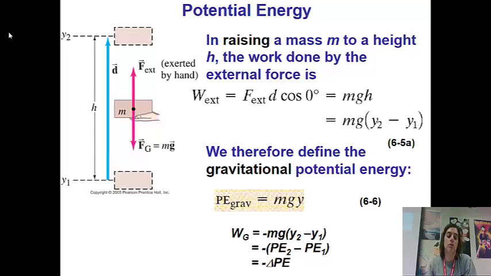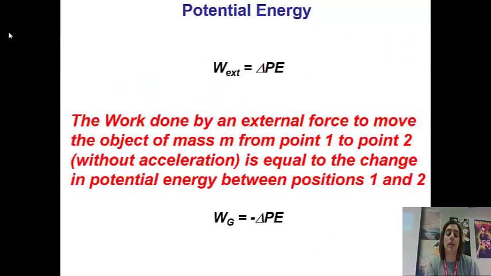And we find that the work done by gravity is equal to the negative change in potential energy, because gravity is trying to go this way, I'm going that way, therefore they're opposite. So the work done by an external force to move the object of mass m from point 1 to point 2 without acceleration is equal to the change in potential energy between positions 1 and 2.